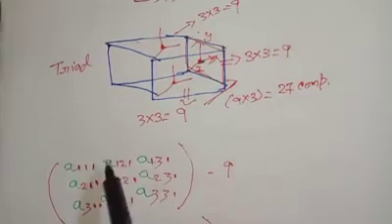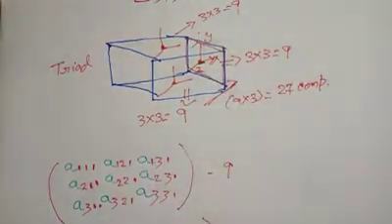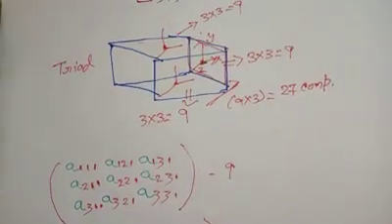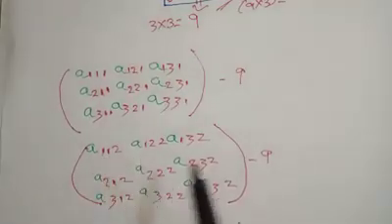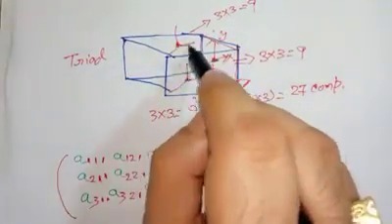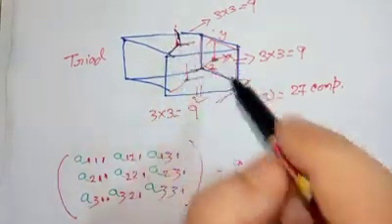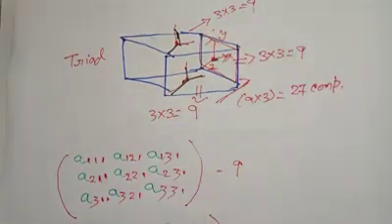The first part is what is happening on the X-axis, and then we want to know what is happening in the Y, in the second part, which is A1, 1, 2. So the forces which are happening in this direction, and this direction, and this direction. Similarly, we can handle the ones happening in this direction.